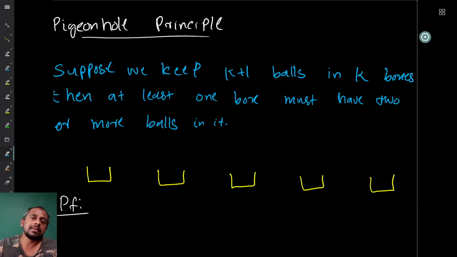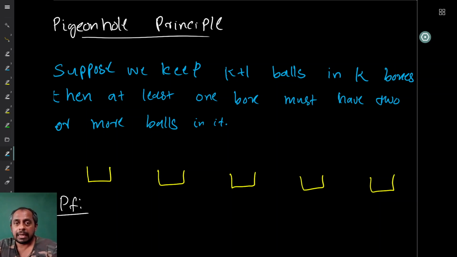So this says the following: suppose you have, let's say, k plus one pigeons. A flock of pigeons comes, and there are k plus one of them for some positive integer k. And then these guys sit into, let's say, k pigeonholes or k cages.